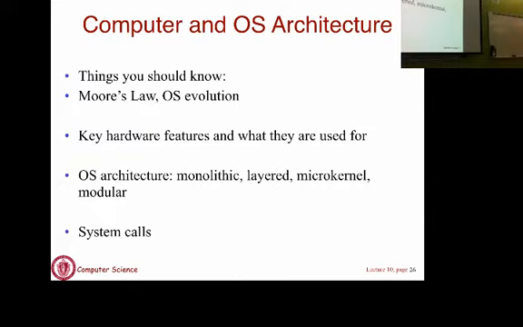And the last one was the modular approach, which tries to balance the advantages of the monolithic kernel and the microkernel. What happens in the modular kernel architecture is you write your OS pieces as modules. You write each one as if it were independent of the others, and you just use the API that the OS has provided to you.